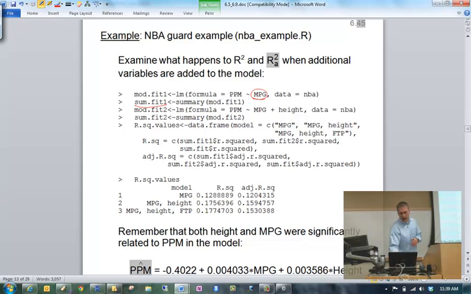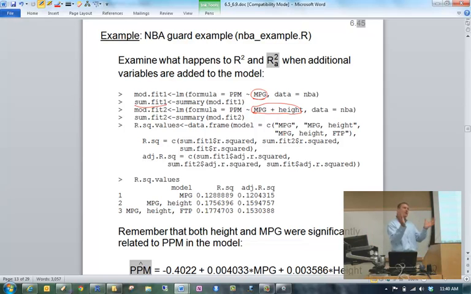Then let's look at a model with both MPG and height in it. Remember, the t-tests for MPG and height both resulted in small p-values. And remember, we started off with the model that had all 3 variables in it, which included free throw percentage.